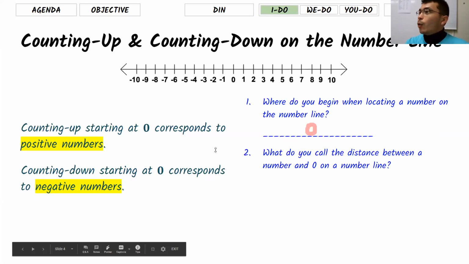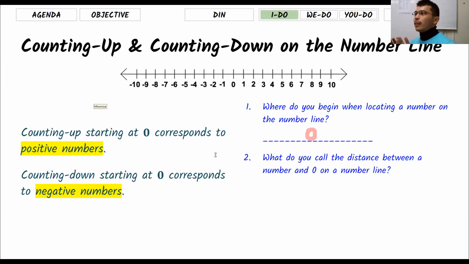It started with... absolute value. Do you remember that? Yeah, so we call this absolute value. Let me put absolute value.